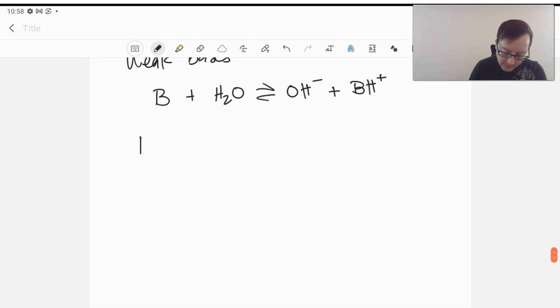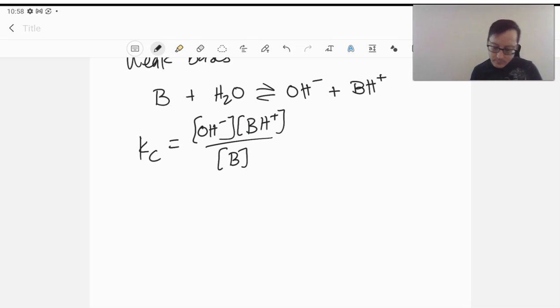And we're going to see that if we do Kc for this, we're going to end up with hydroxide, BH+, and then B. Sometimes you'll see B as negative, and BH would therefore be neutral, but it doesn't really matter. These are just kind of arbitrary.